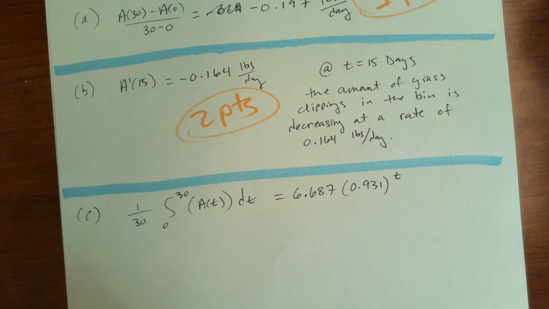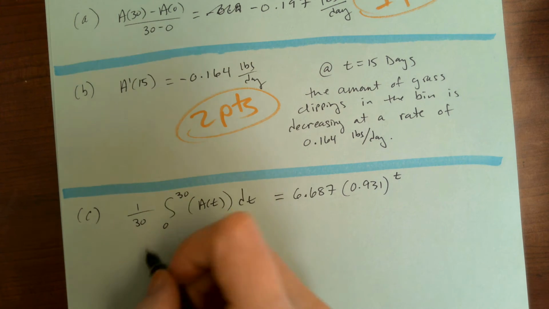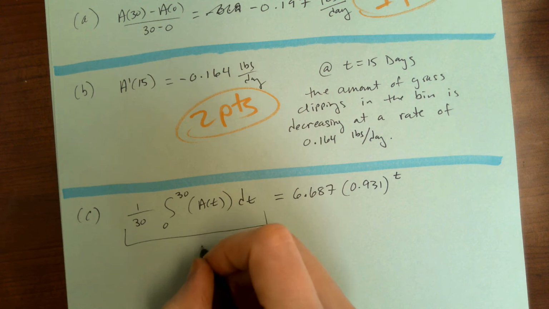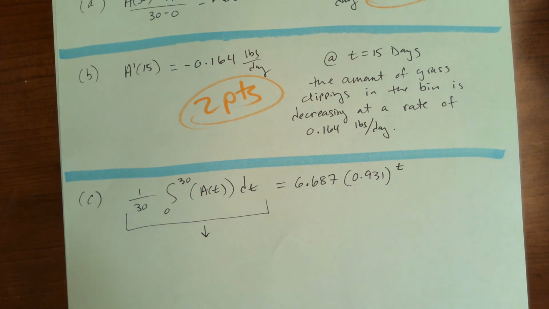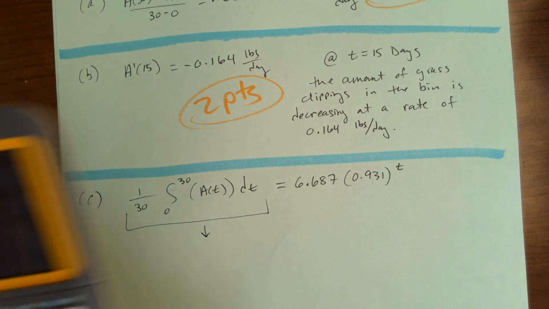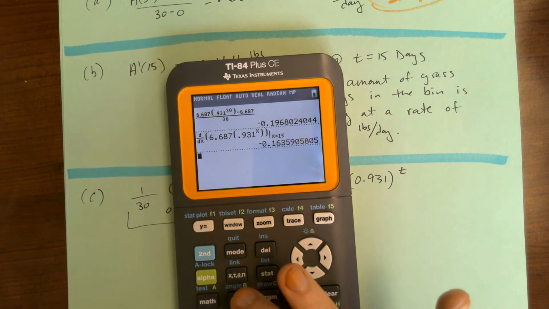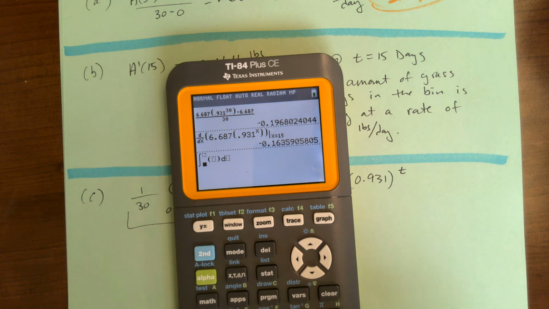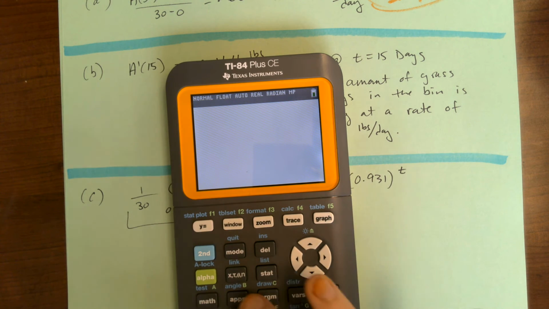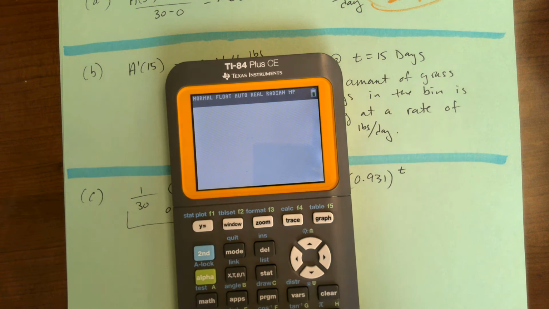Okay, now guys, for this right here, you could use Math 9, and you're actually going to get a number. Math 9. 1 divided by 30.